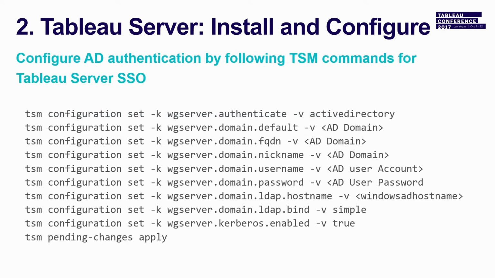And then there are a bunch of TSM commands that you can use to configure it for Tableau Server SSO, which basically is: join it to the Active Directory, give it an AD username and password, configure LDAP, make sure Kerberos is enabled by a flag, and make sure it authenticates against the Active Directory. These are TSM commands that I've listed here, but you can do all of this using a config file that comes with the automated installer.